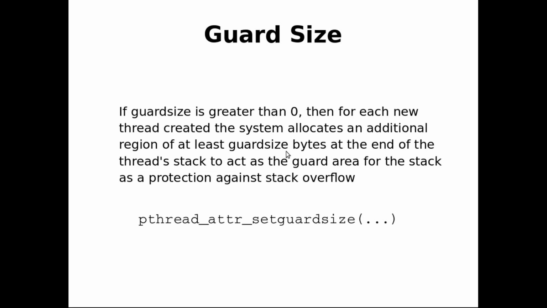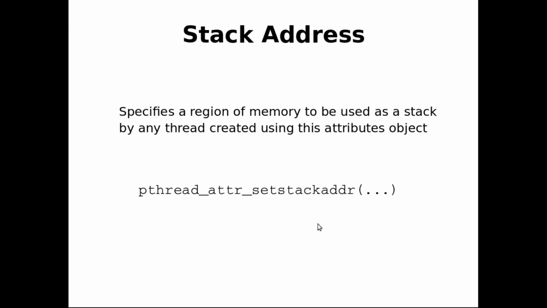So it will be allocated at the end of the stack, just in case there may be a stack overflow. And how many guard bytes will be there, that is specified by this attribute. And the attribute can be modified using the set guard size function.